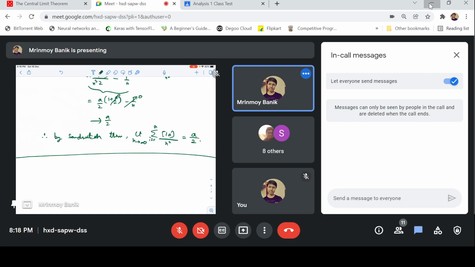So that's the full definition of continuity of a function defined on an open interval over R at a point x equals a. So this is definition number 1.